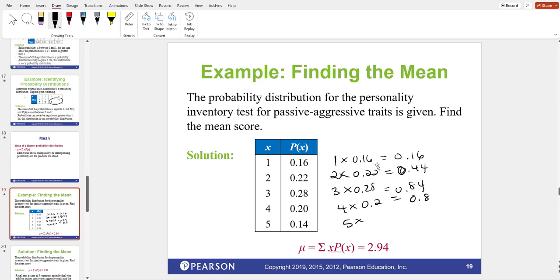And then 5 times 0.14, you should get 0.7. Let me double check that. Yes, 0.7. So when you add these up, you should get 2.94. So the mean score on this test that they gave is 2.94. Okay, so that's how you do it by hand.